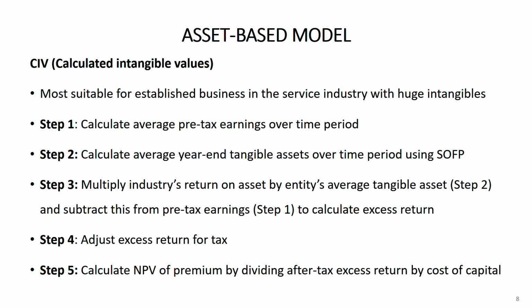Cost of capital will be given, and then you will get the net present value of the premium. Why premium? Premium, in other words, is an excess only, excess to tangible. That's why it's known as premium. So these are the 5 steps you have to follow to calculate intangible values whenever you are given this method, CIV.